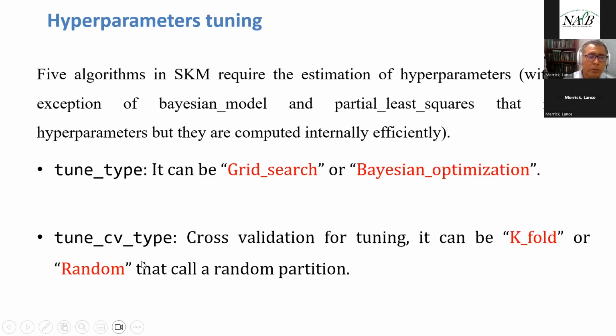And also it's important that you need to specify the number of folds for tuning the hyperparameters. By default, you can use k-fold cross-validation and random. And you need to specify the number of partitions or folds. This is really important because at the end, the success of implementing statistical machine learning methods is to do a good tuning process.